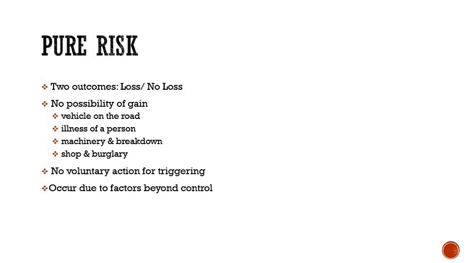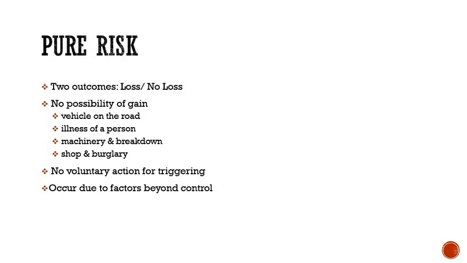A person could die because of a coconut falling on his head. Here, he does not have any control over the situation. Thus, we see that pure risks have two characteristics. One, they occur due to factors beyond the control of the person suffering the loss. Two, they have only two outcomes, no loss or loss.